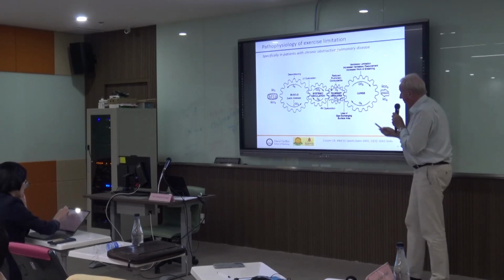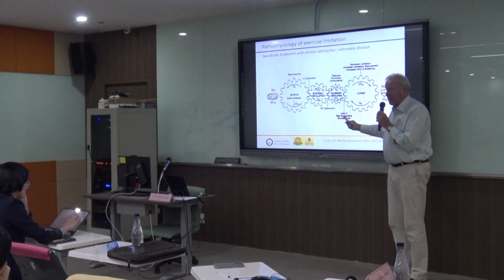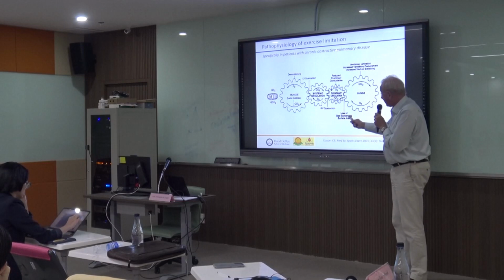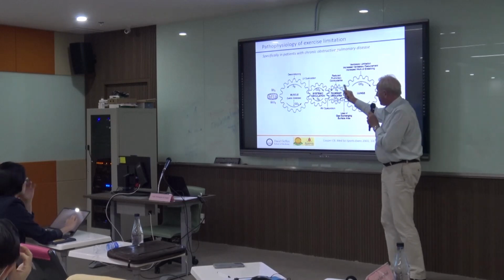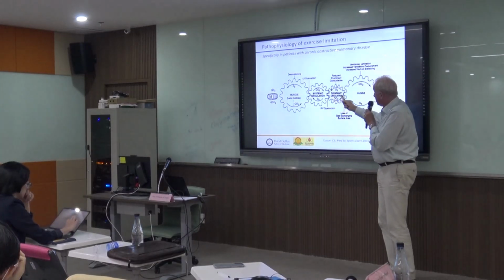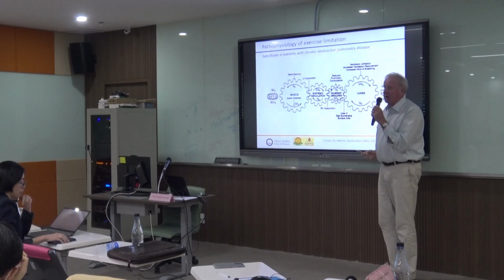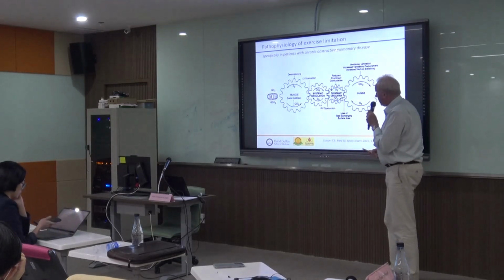But on top of that, we have emphysema destroying the pulmonary capillary bed and impairing gas exchange. We have problems with the pulmonary vasculature, pulmonary hypertension, reduced pulmonary vascular conductance due to pulmonary vascular remodeling.